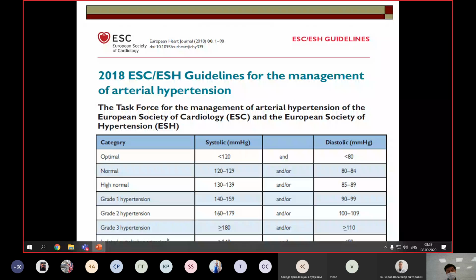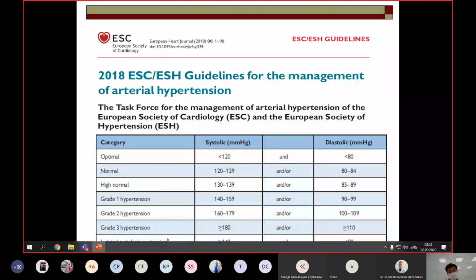For grade 3, the patient has systolic more than 180 and diastolic more than 110 millimeters of mercury. Then we have normal BP for diastolic and increased systolic BP across all grades. In this case, the patient should be qualified as an individual having isolated systolic hypertension.